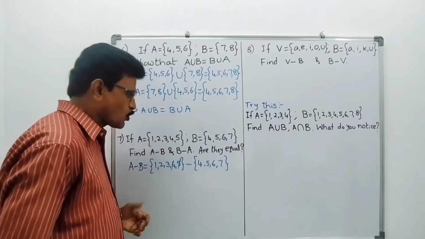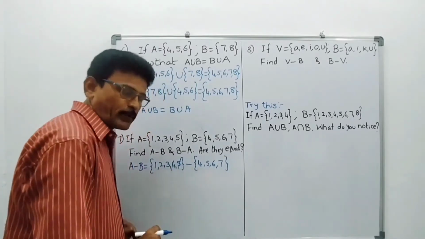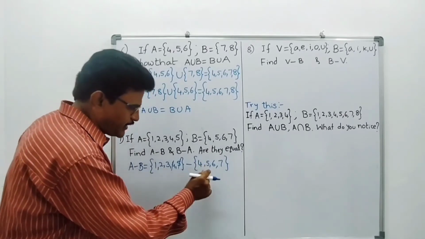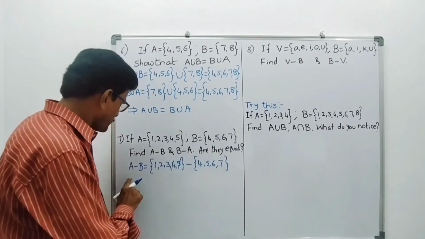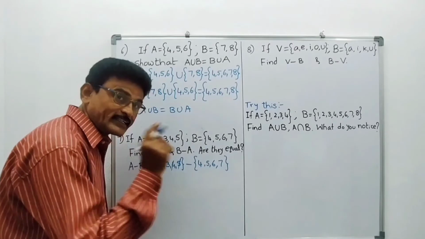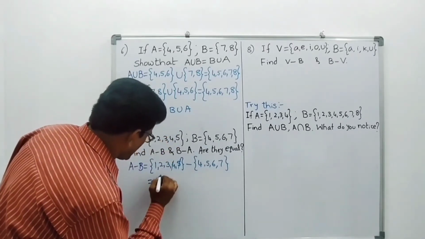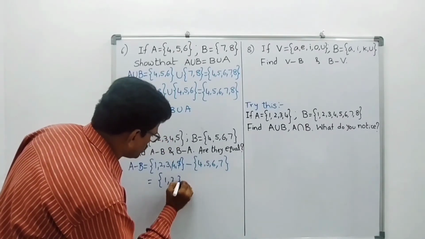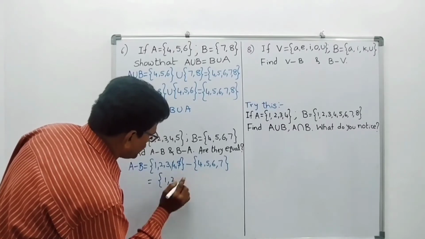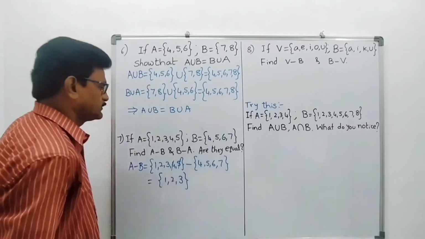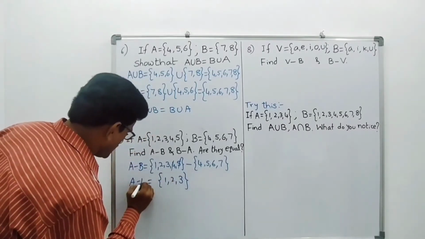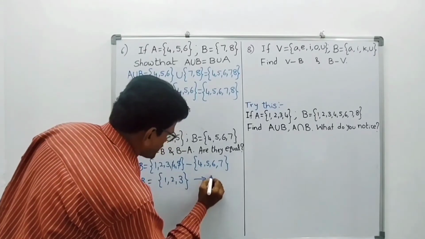Why? That is in the intersection part. Here 4, 5 elements are there. Here also 4, 5 elements are there. From set A we are removing the intersection part. So what are the remaining elements? 1, 2, 3. That is A minus B. Take this one as the first equation.